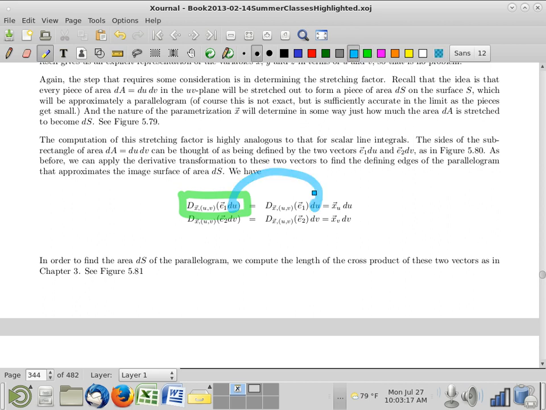Scalar factors out. This I recognize as a partial derivative. And I'm done. It's using old facts from chapter 4.